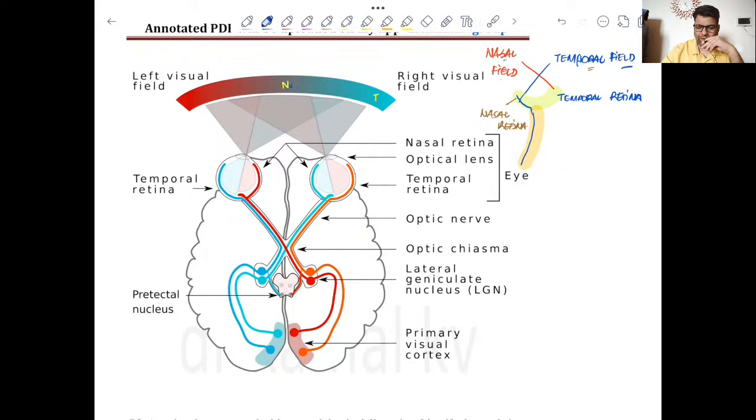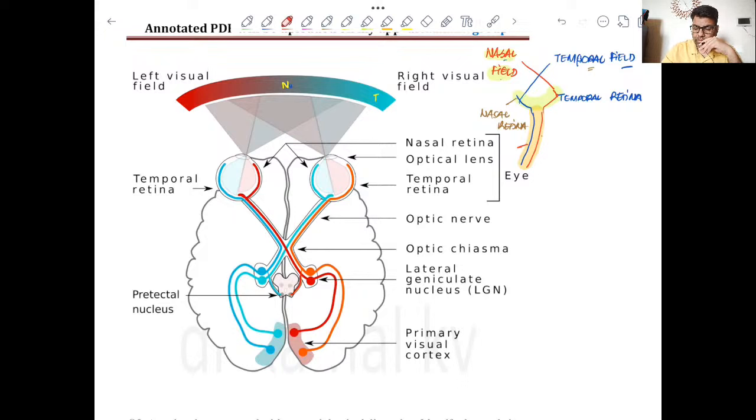So you can remember it like this. And there are temporal fibers of the retina which carry the visual impulses coming from the nasal side of the visual field. This might sound a little confusing because of terms like nasal visual field, nasal retina, and nasal fibers of the optic nerve.